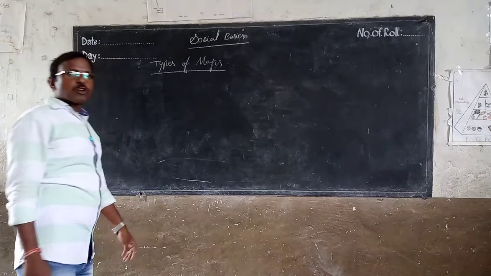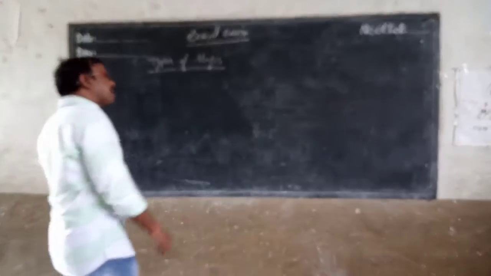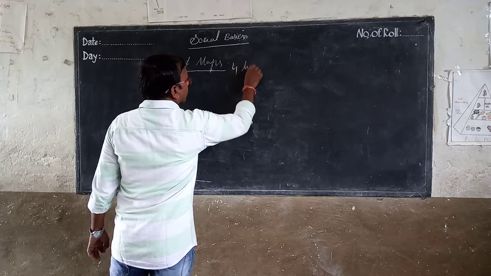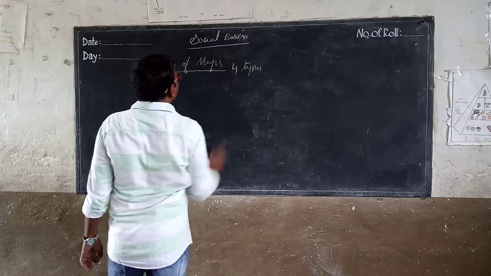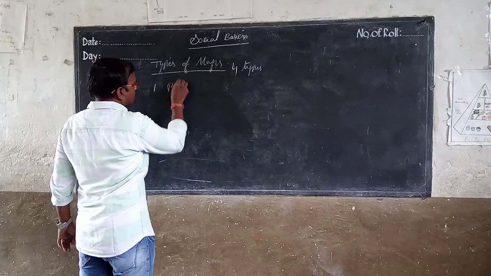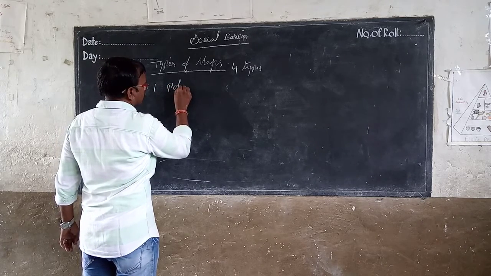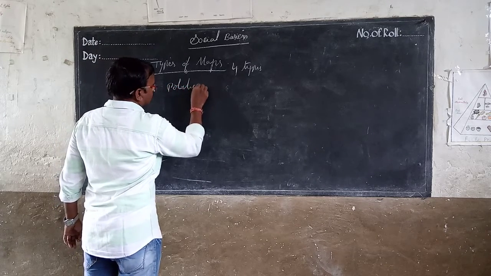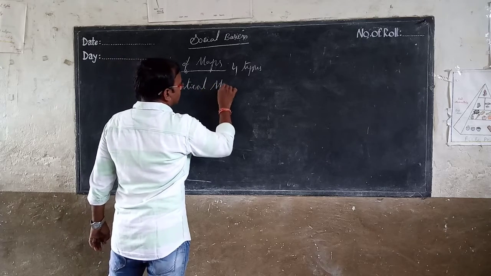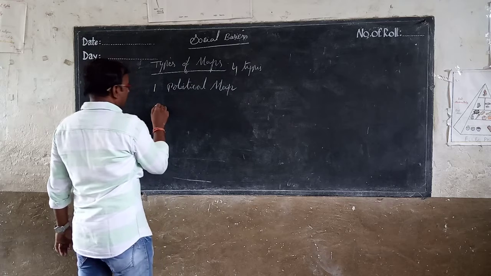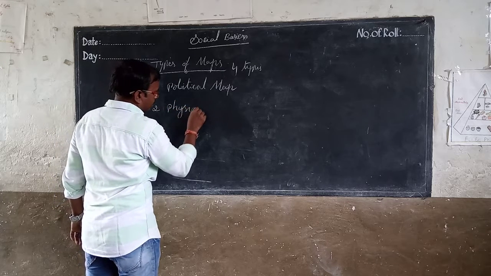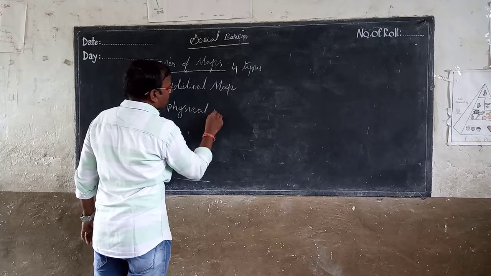How many types of maps are there? Mainly four types of maps are there. One is the political map. Second is the physical map.